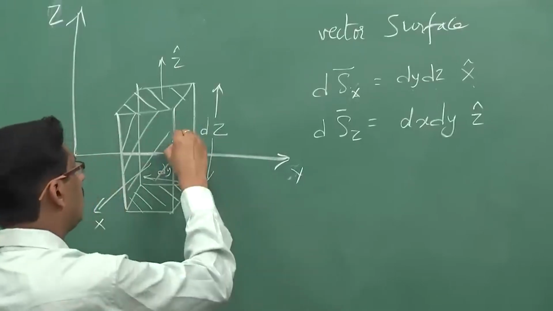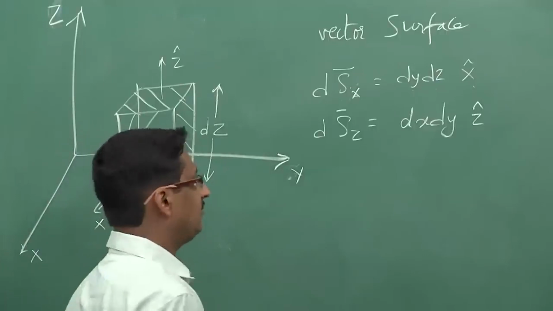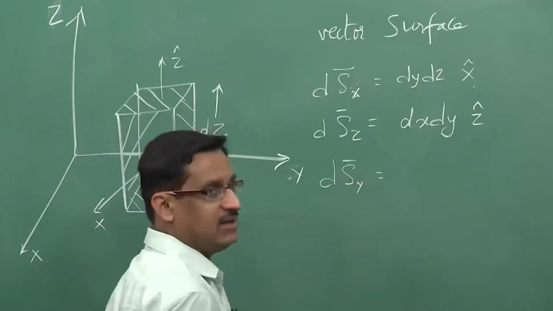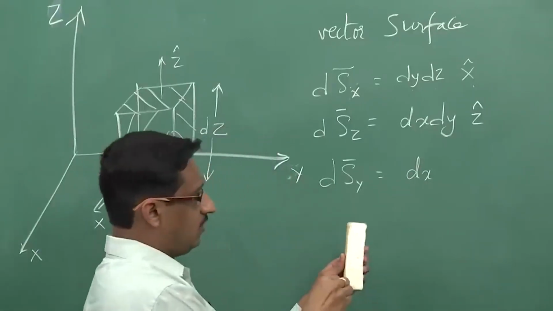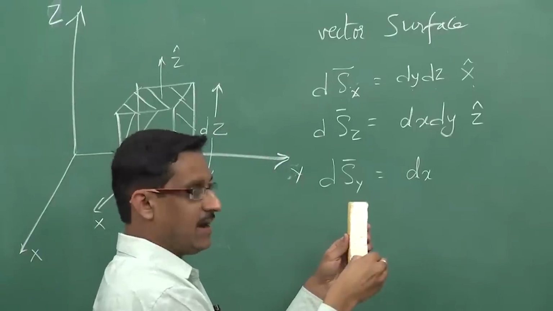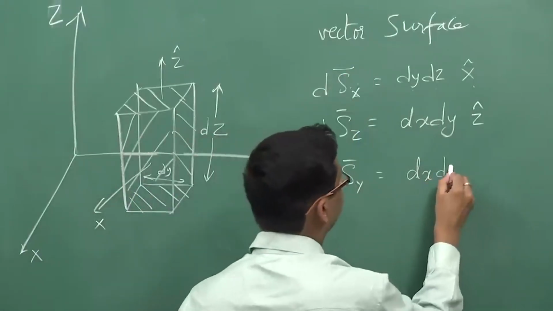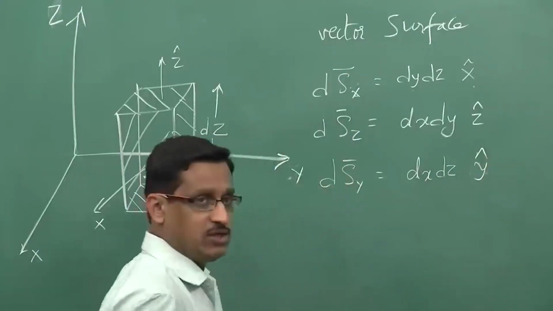Now, can you figure out what would be the area, vector area for the sides? Yes, you can easily figure this out. This would be dsy and dsy will be dx, so you move along like this dx and then you move dz. Okay. So, it would be dx dz along y direction. Okay.